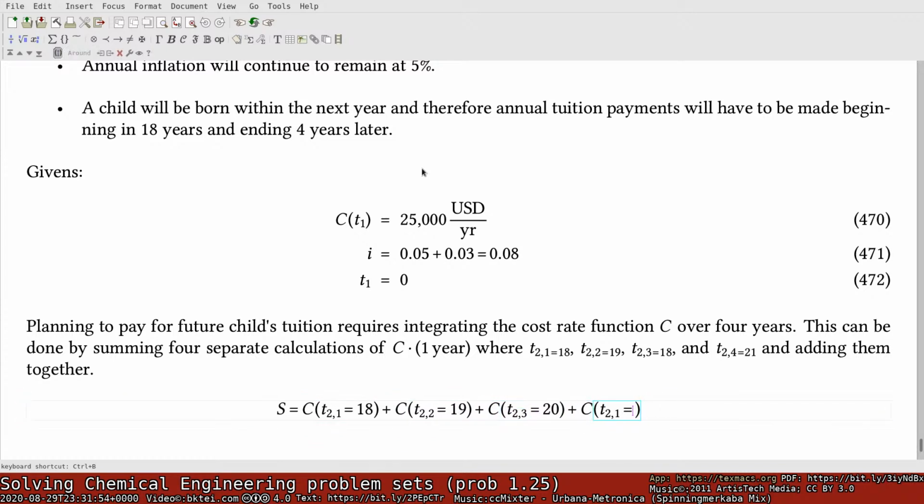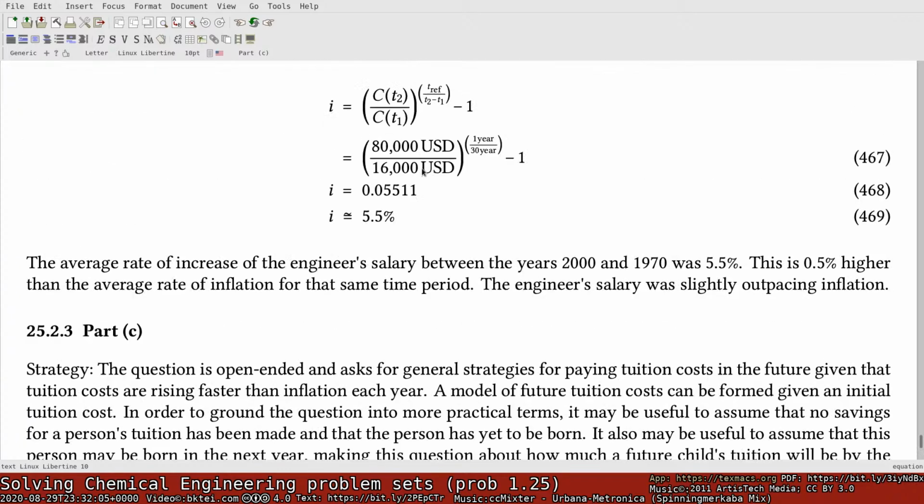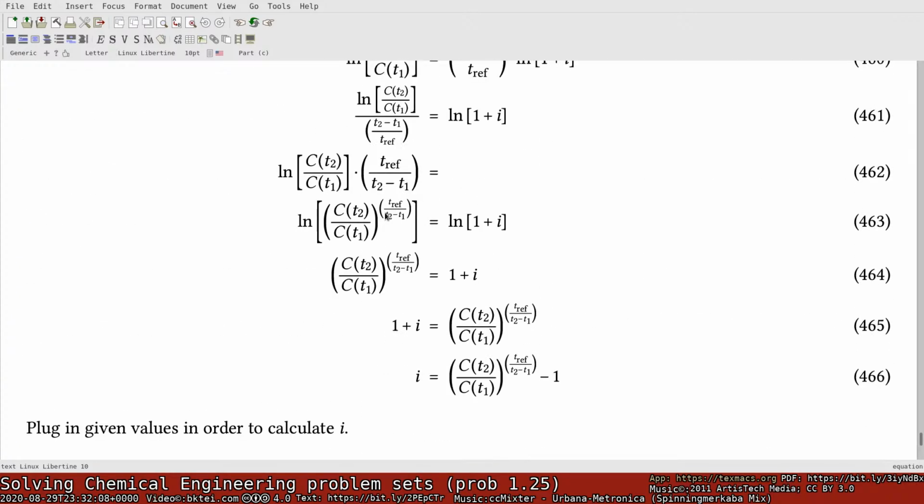It'd be nice if I could just do an integration of the cost function in an analytical way.